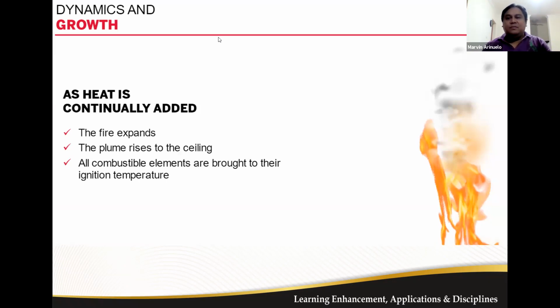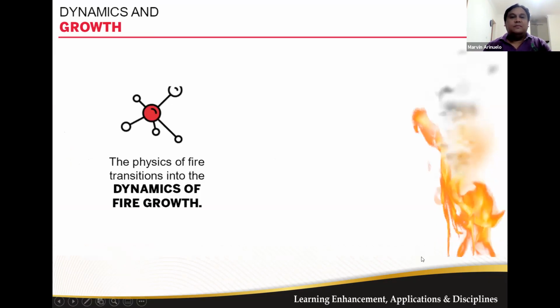As heat is continually added, the fire expands, the plume rises to the ceiling because of buoyancy, and all combustible elements are brought to their ignition temperature. The physics of fire transitions into the dynamics of fire growth.